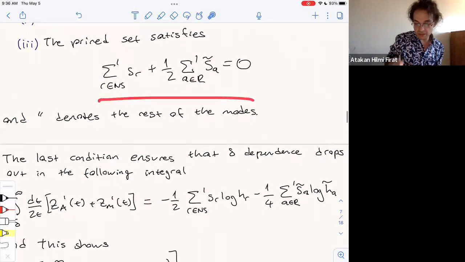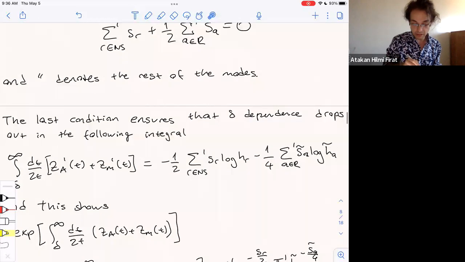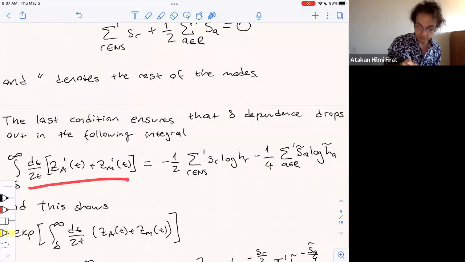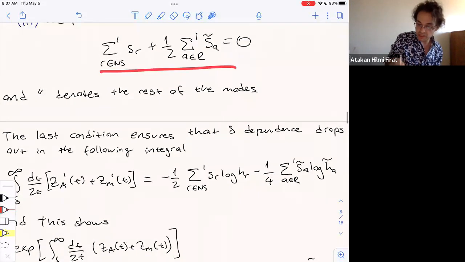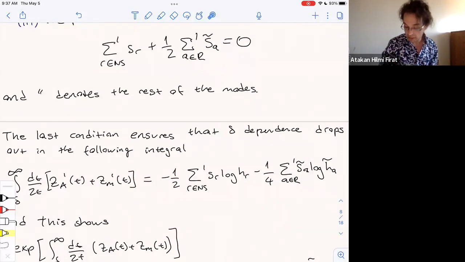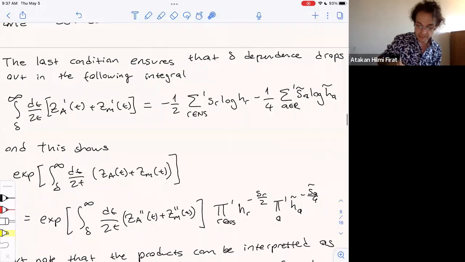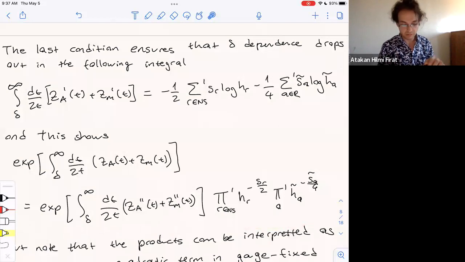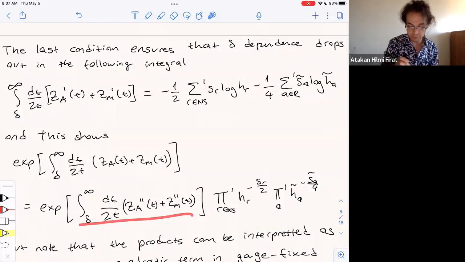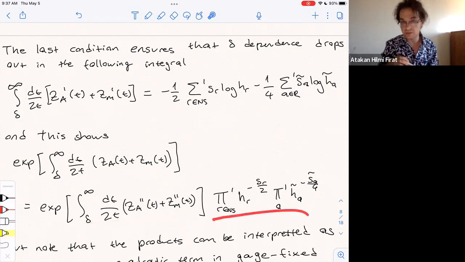The reason I demand this is the following. As I said, the integration makes sense, so I can separate the modes from each other. And if I perform the integration over the prime set, this condition allows us to evaluate the integration without any delta dependent term, which is important, because then I can take this whole expression and write it in the following form, basically combining the double prime part and exponentiating it.